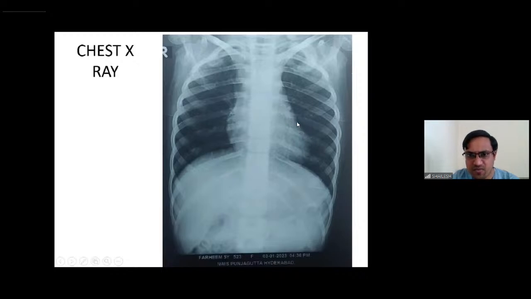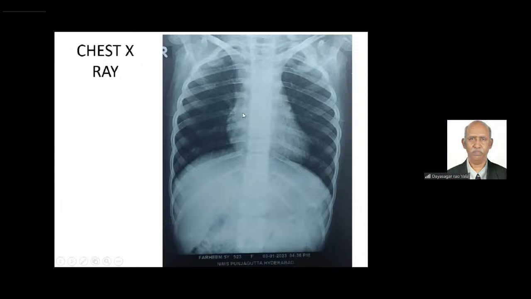I have one issue, sir. You said levocardia because the apex is on the left side. Is that the definition of levocardia? Does it point to the presence of the apex or something else?